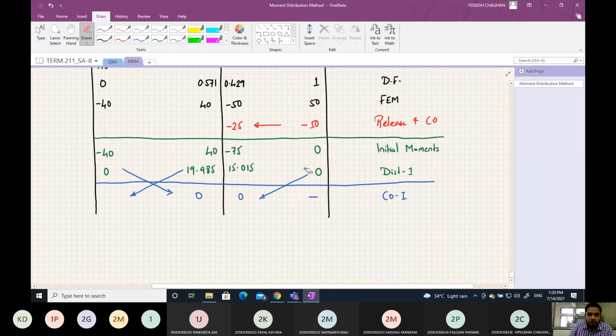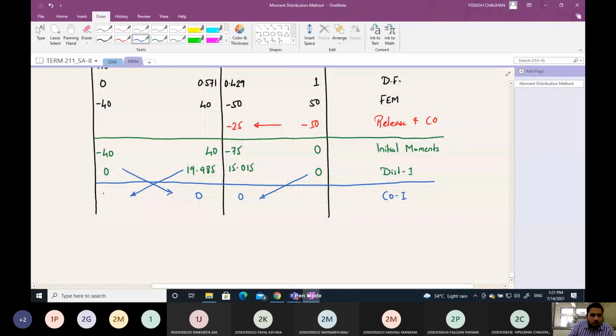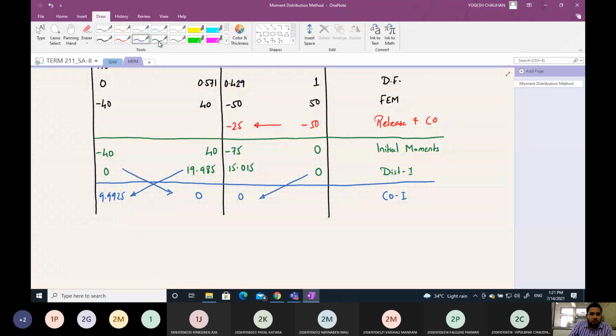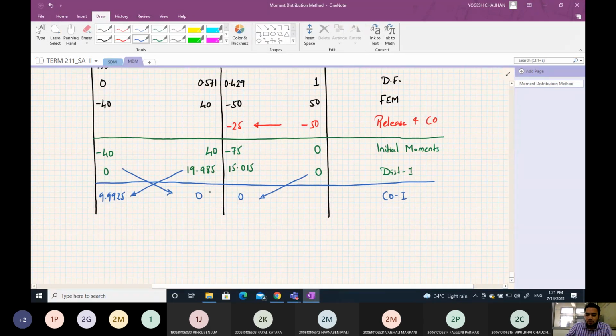This won't be carried forward here because it is a support, only this moment will be carried forward, and this will be carried forward here, that is 19.985 by 2, that is 9.9925. Okay, so here you can see that both are 0, so unbalanced moment is 0, so we can stop here. There is no need to carry out the distribution carryover cycle.